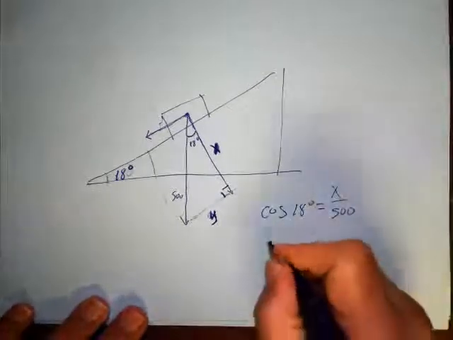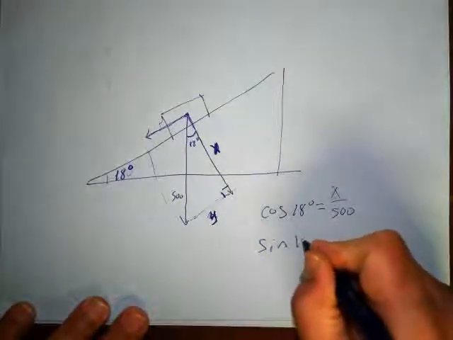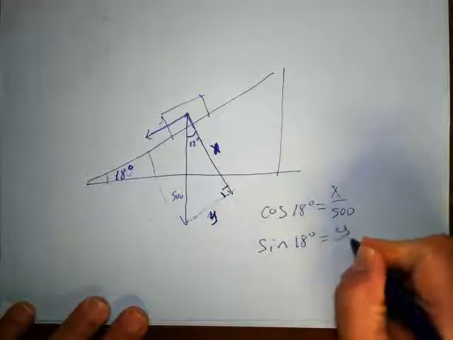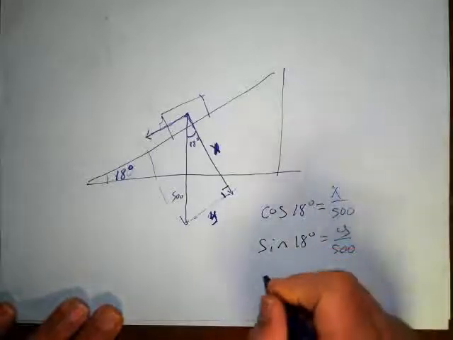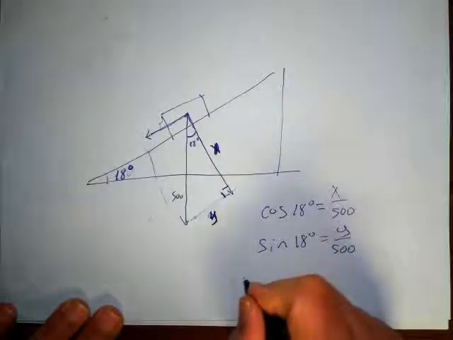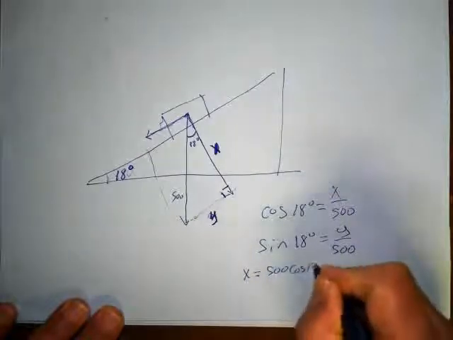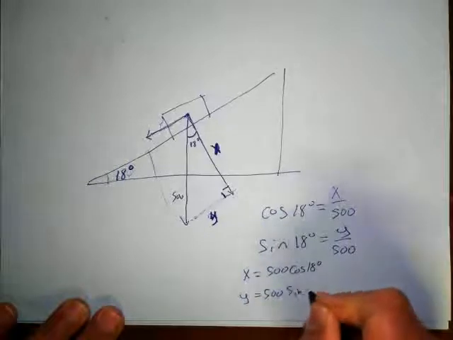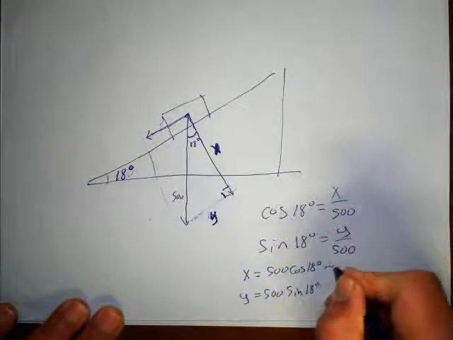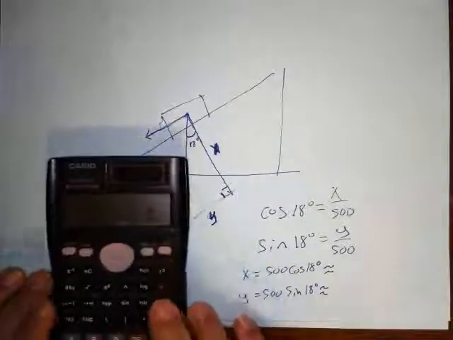And then you get that the sine of 18 degrees is the Y over 500. Okay, so to get each one of these, the X is just 500 times the cosine of 18 degrees. The Y is 500 times the sine of 18 degrees. And these are the horizontal and vertical components.